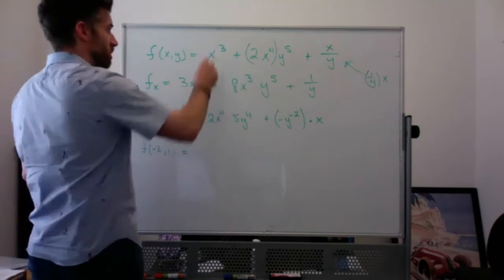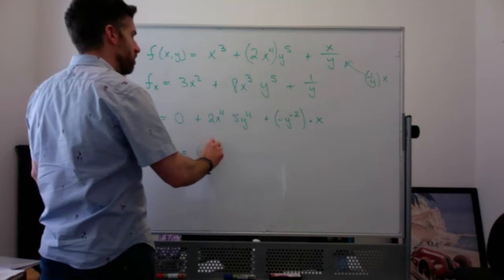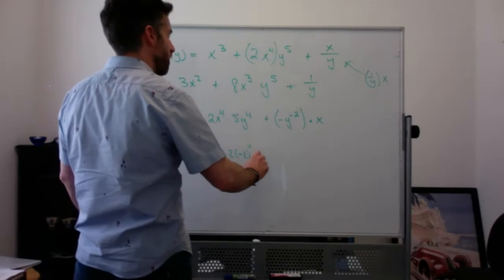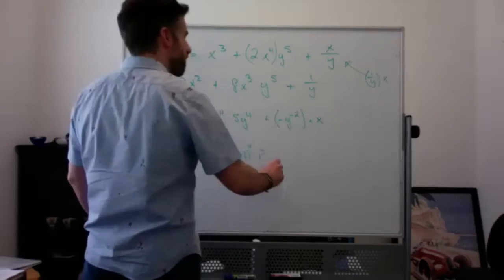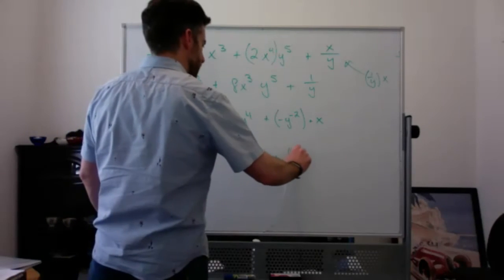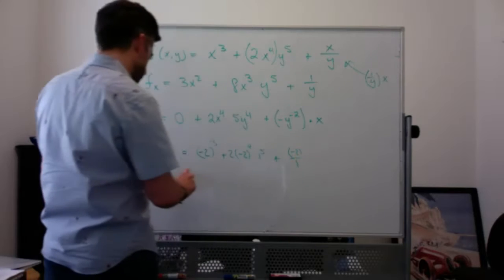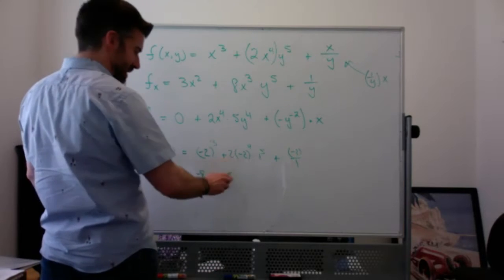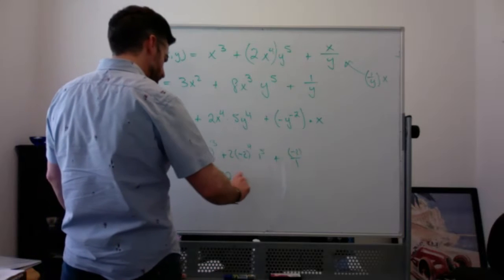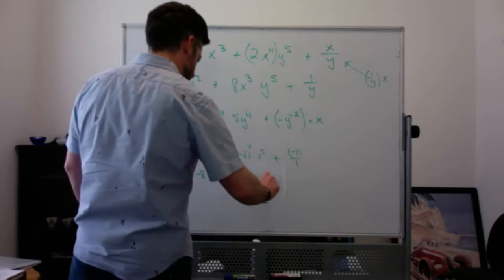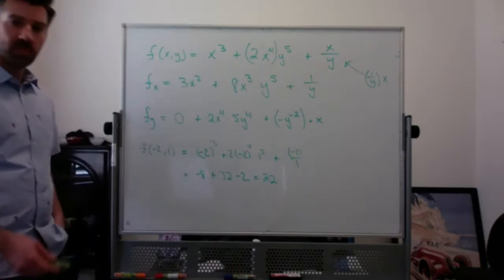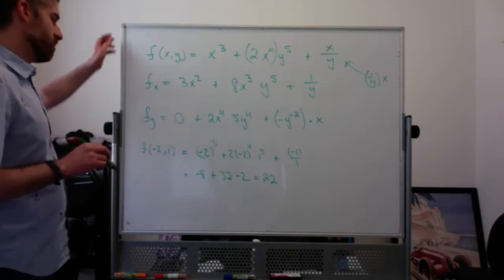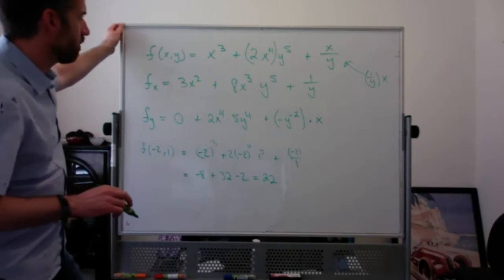I'm going to get -2 cubed plus 2 times -2 to the fourth times 1 to the fifth plus -2 divided by 1, which ends up being -8 plus 2 times 16, which is 32, minus 2. So it looks like I've got about 22.